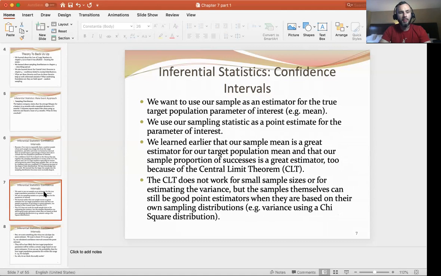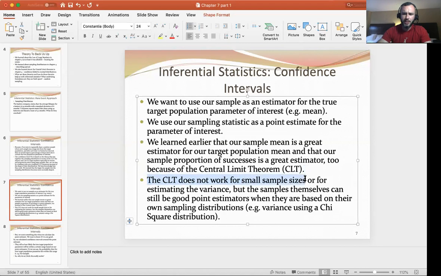All of that, that phenomenon, occurs because of the central limit theorem. We're saying if we take an infinite number of these samples, the limit of those means converges on the true mu. But the only way that really works is if we have a large enough number of samples. It does not work well for small sample sizes or if the variance is unknown, because the variance determines the shape and the breadth, how wide or how broad the curve is.